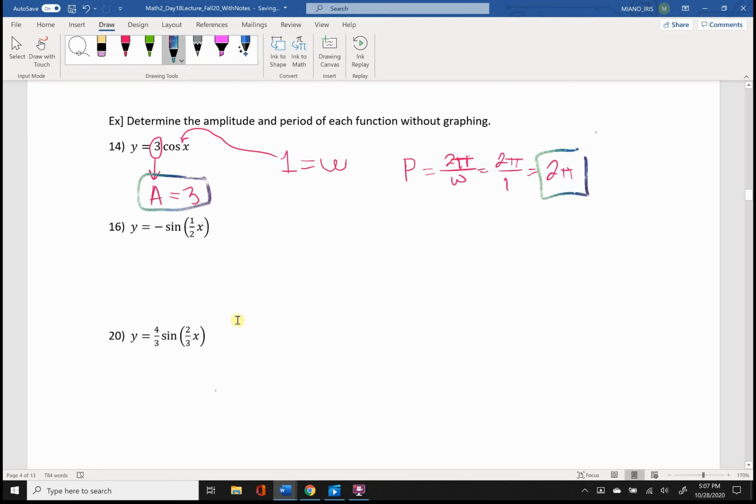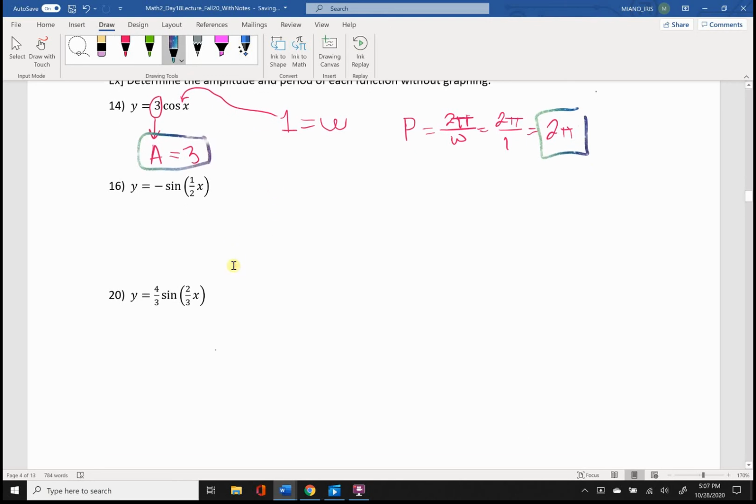but we did have an amplitude of 3, which will do a vertical stretching. All right, moving on to number 16, notice that we have a multiplier in front of the sine of -1. That would be our a value, but remember you always take the absolute value of the multiplier out in front, so that means your a value is actually a 1.